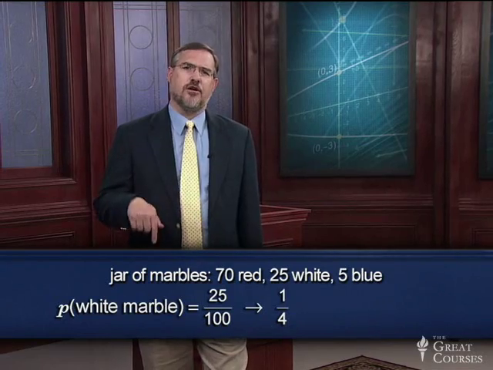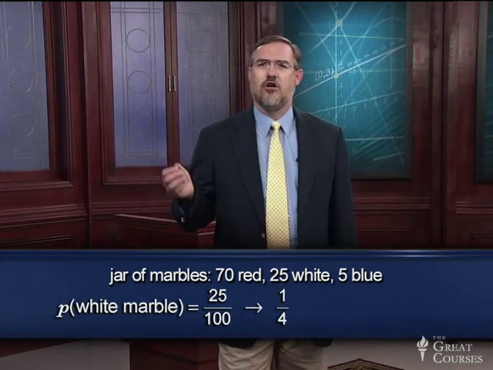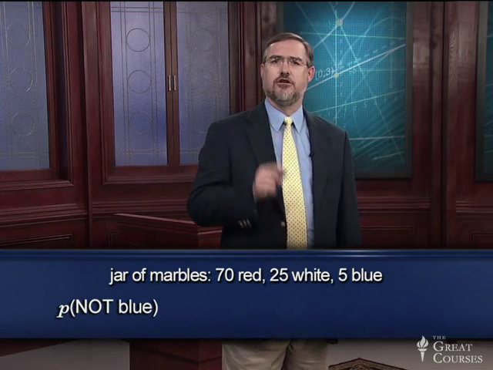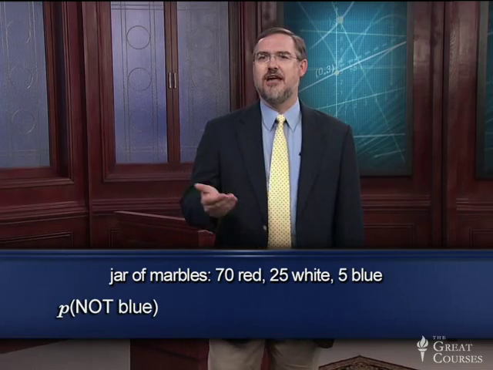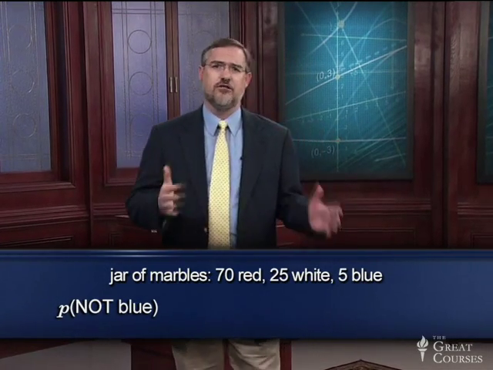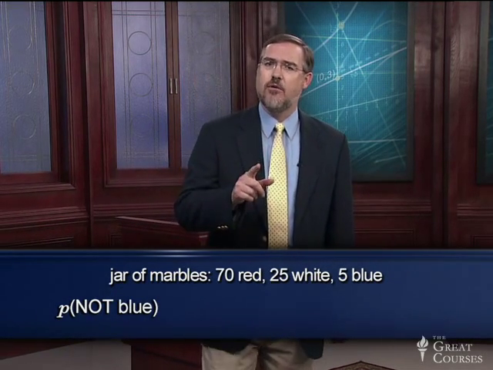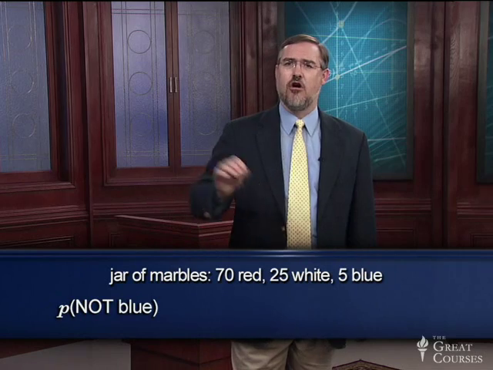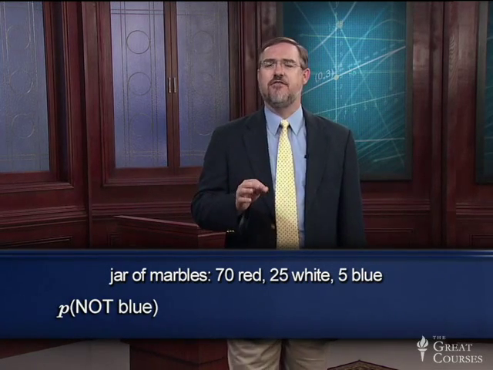Now, what about that other question? How do we find the probability that we randomly select a marble that is not blue? Well, the probability of not blue is the same as the marble being either red or white. We only had 3 colors of marbles here, red, white, and blue. And the number of ways of getting either a red marble or a white marble is 95.